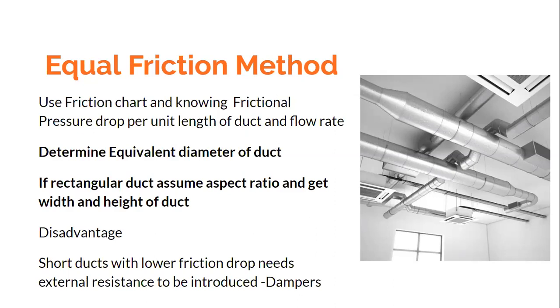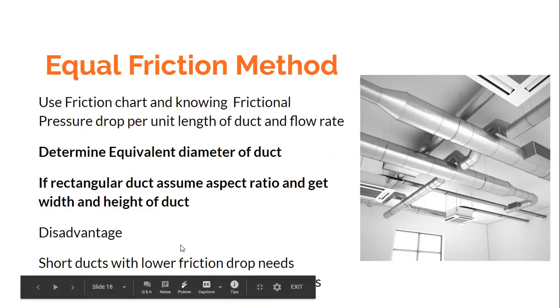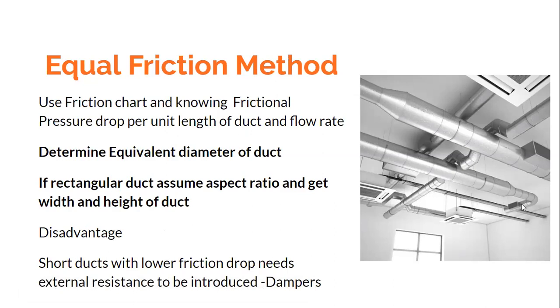Now this simple method has a disadvantage. What is the disadvantage? Imagine that the ducting has a combination of long ducts and short ducts. So if you consider the frictional drop in the main duct, that frictional drop resistance would be different, and your branches, short ducts, would have a different total friction drop.